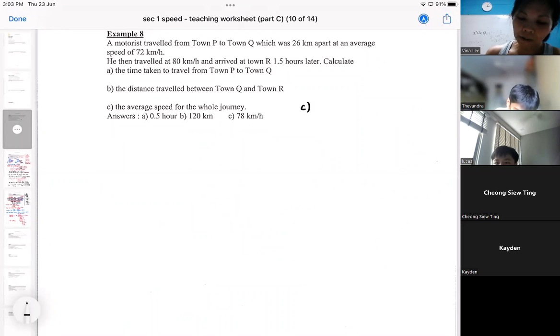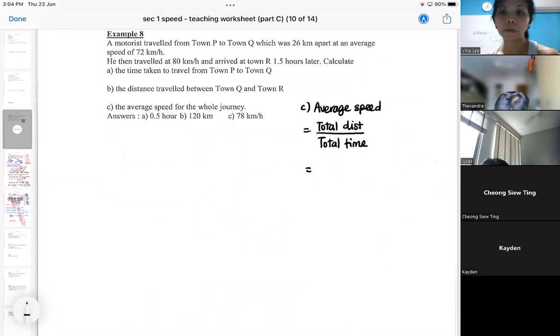So the last part, if we want the average speed, we'll get the total distance. What do you mean by total distance? Remember to add up the two parts of the journey.